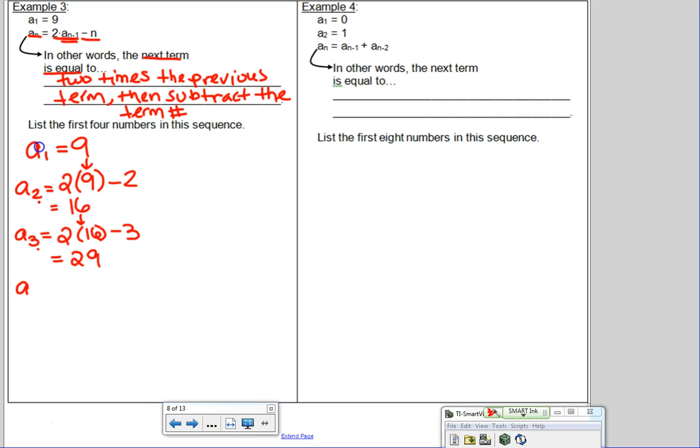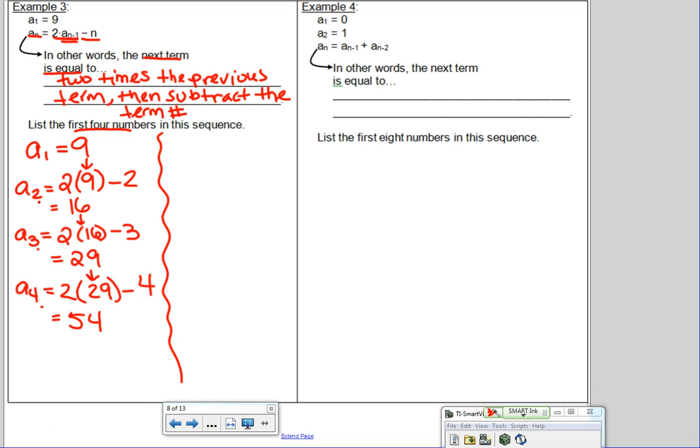And then A sub 4, because we're trying to find the first 4, would equal 2 times the previous term minus term number 4. Okay, so that's the shortcut way.